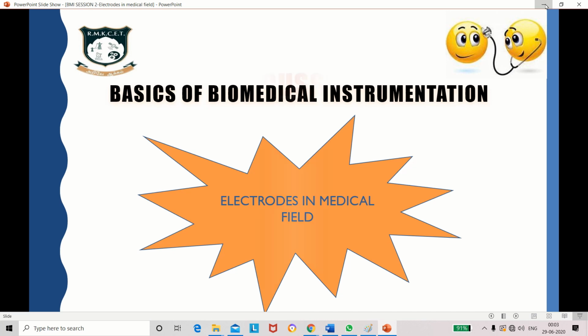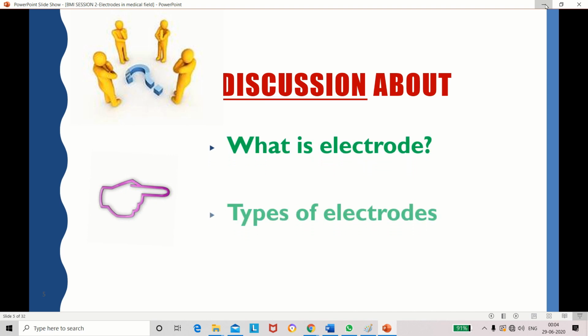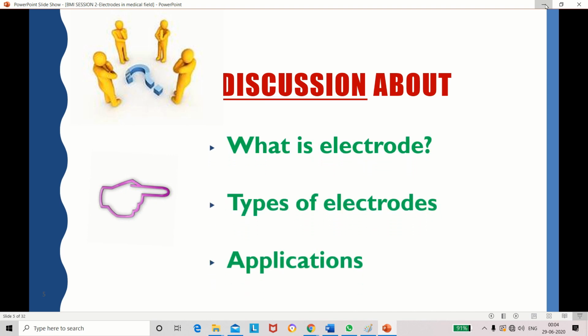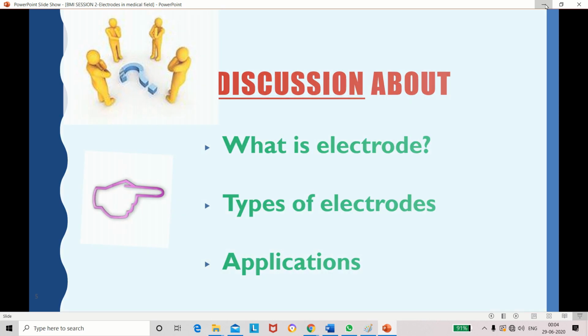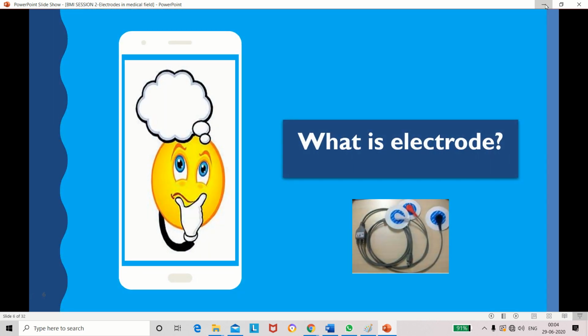We will discuss what an electrode is, the types of electrodes, and the applications of electrodes. First, let us discuss what an electrode is. We all know what an electrode is, as we already studied it in school. Now, we are going to discuss how these electrodes are useful in medical applications.